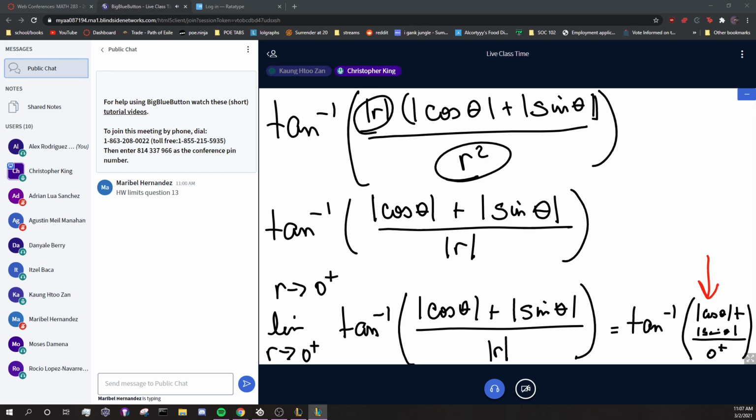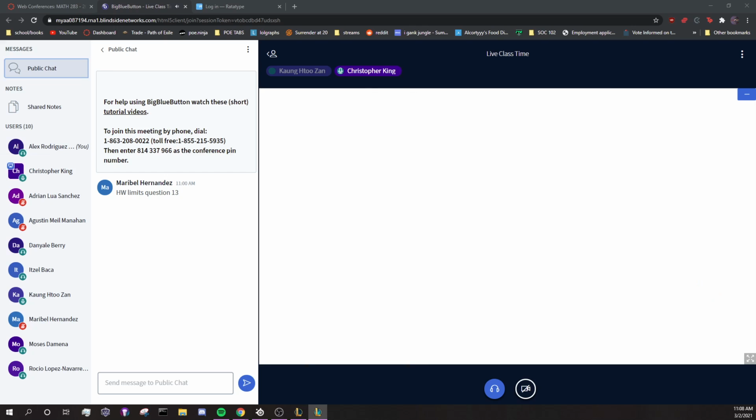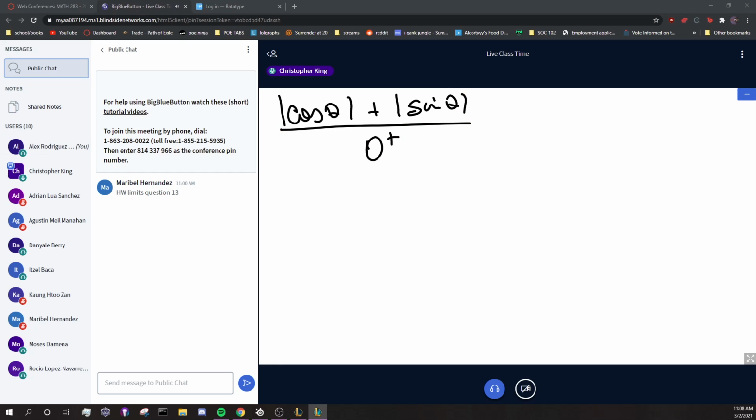Hold on one second. Say that again. Is that an indeterminate form? No, it's not an indeterminate form, but let's think of it. We've got the absolute value of cosine of theta plus the absolute value of sine of theta over 0 positive. What do you think is happening to this expression? It's approaching what? It won't be 0.